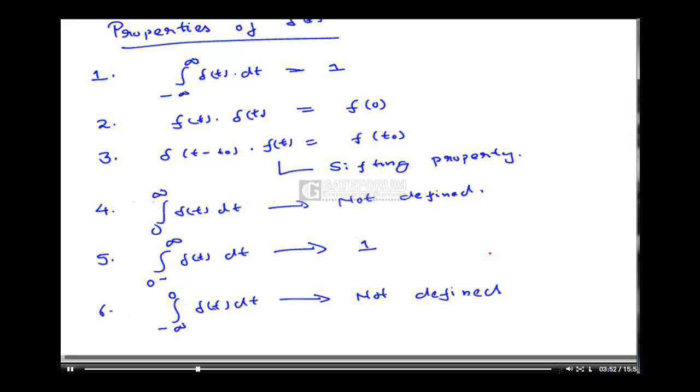From minus infinity to 0 plus of delta t dt is equal to 1. Okay, so these are the various properties of this. One more is 0 minus to 0 plus of delta t dt is also equal to 1.